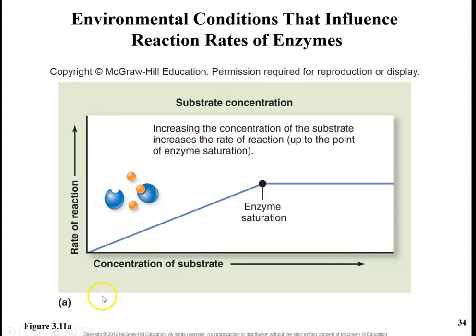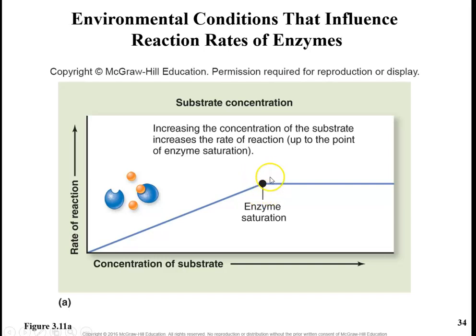Here you can see on the x-axis we have concentration of substrate increasing. On the y-axis we have rate of reaction increasing. So as you add more substrate, the rate of reaction increases up to a certain point.